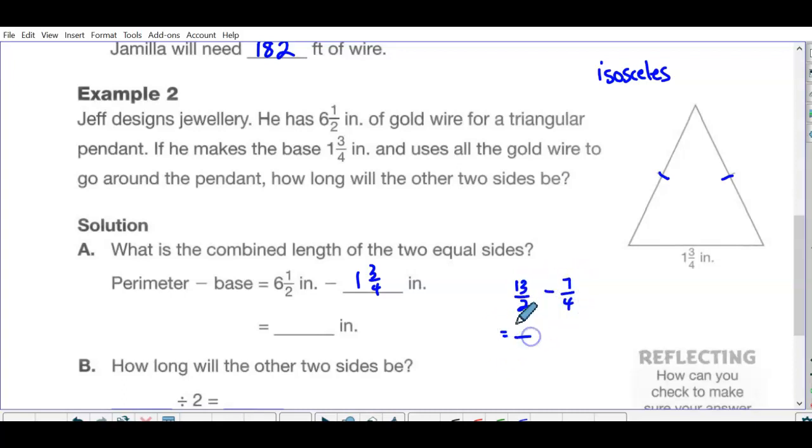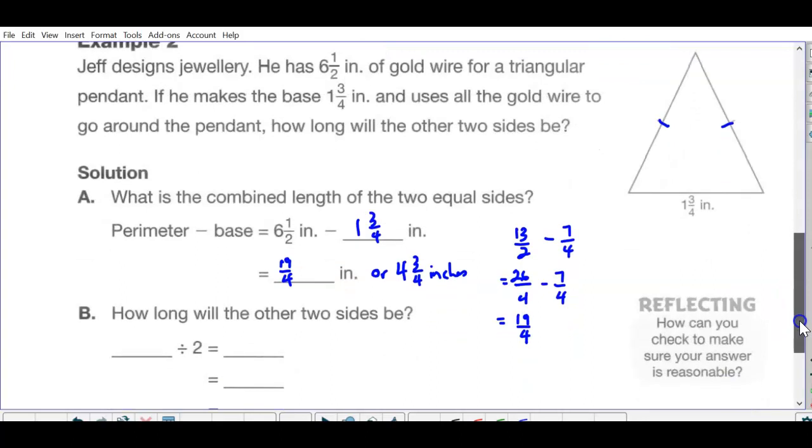Common denominator would be 26 over 4 minus 7 over 4, which would be 19 over 4. Okay, so 19 over 4 inches, which is the same as a mixed number, that would be 4 3/4 inches.